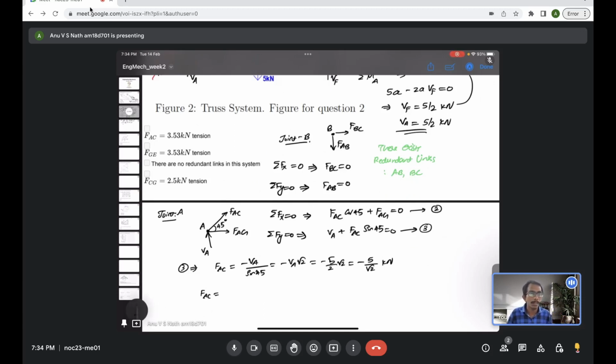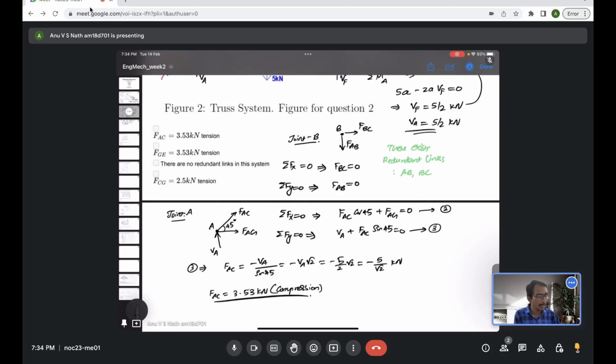Can somebody help me with this evaluation? Yeah, I evaluated it, it is 3.53 kilonewton, but we have a negative sign, so it should be compression. If you see the options, the magnitude is correct, but it is given as tension, so the first option is not correct.